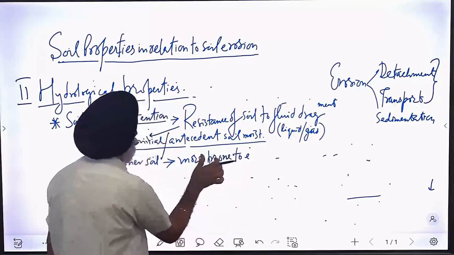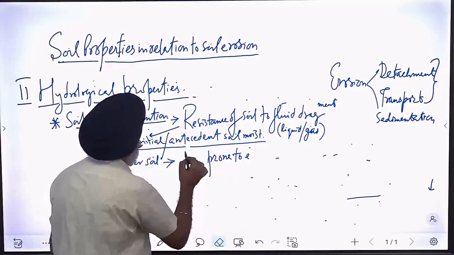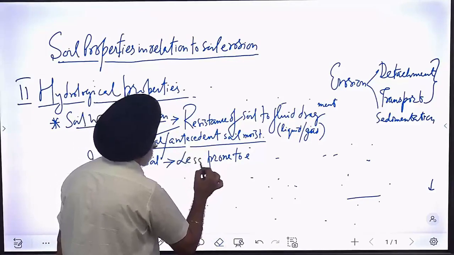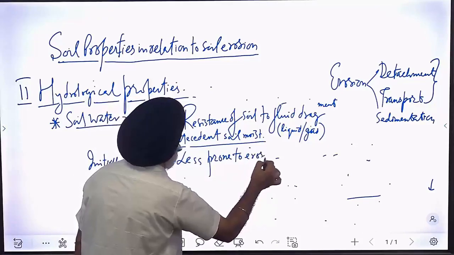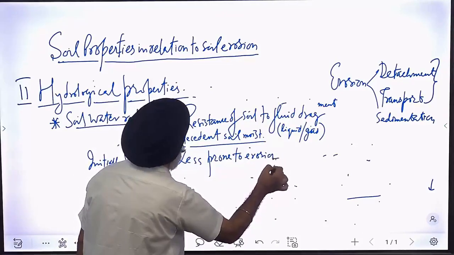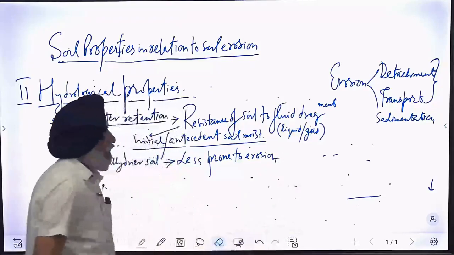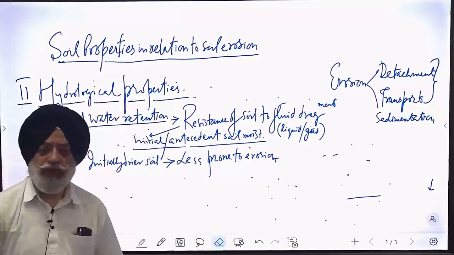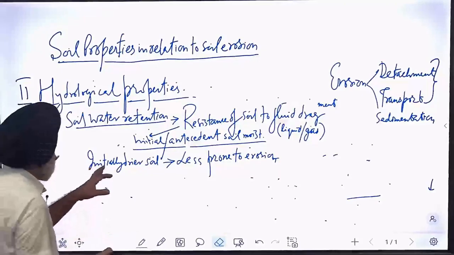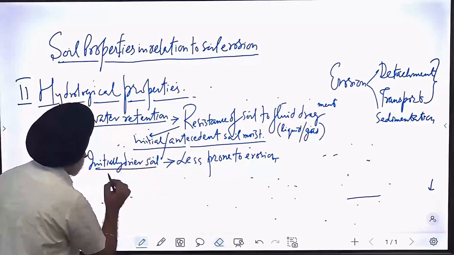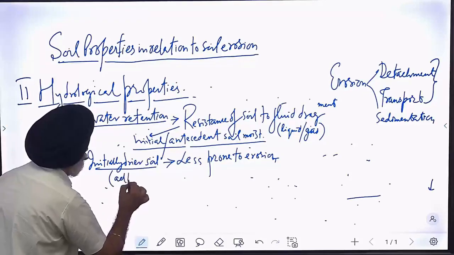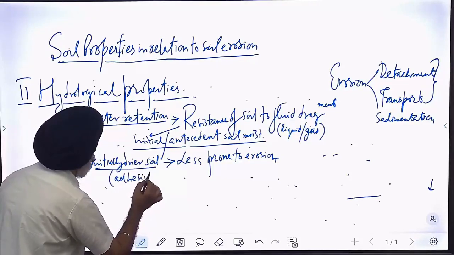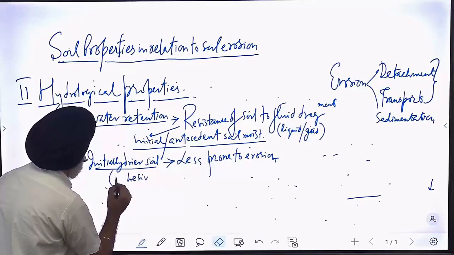Sorry, I should say it's less prone to erosion. Now, why will it be less prone to erosion? Because when the soil is dry, we have basically the adhesive forces, cohesive forces.